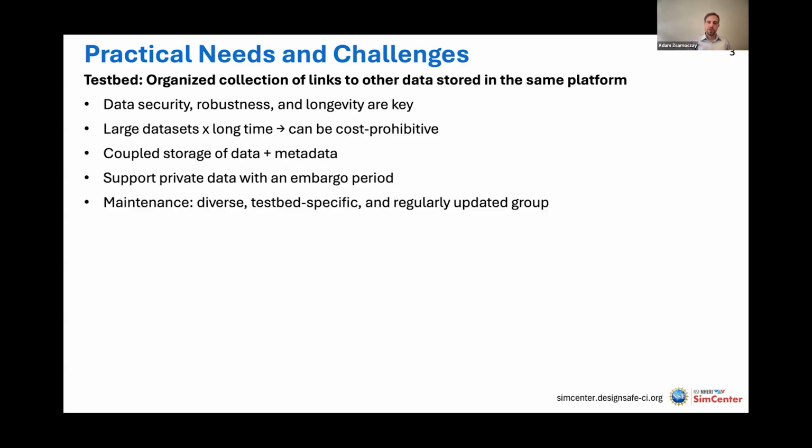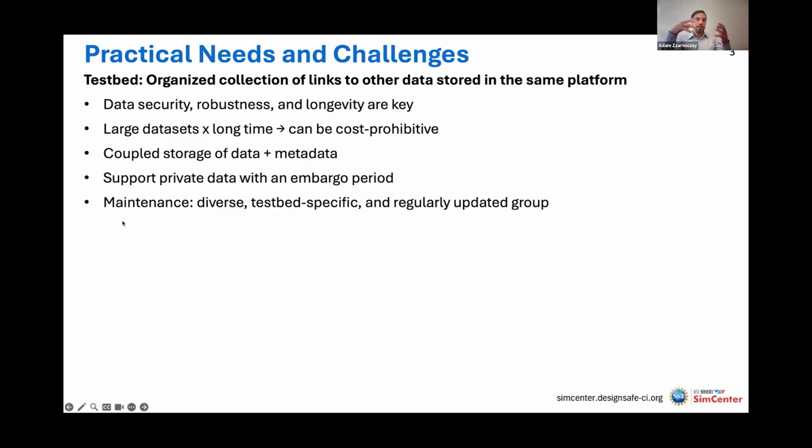Still, knowing that it's there would avoid people doing redundant work, and people could see that there's an embargo period, and after that they can start counting on that data and building on it. So it makes it much more efficient to work collaboratively and to see what is coming out of the community in the near future.